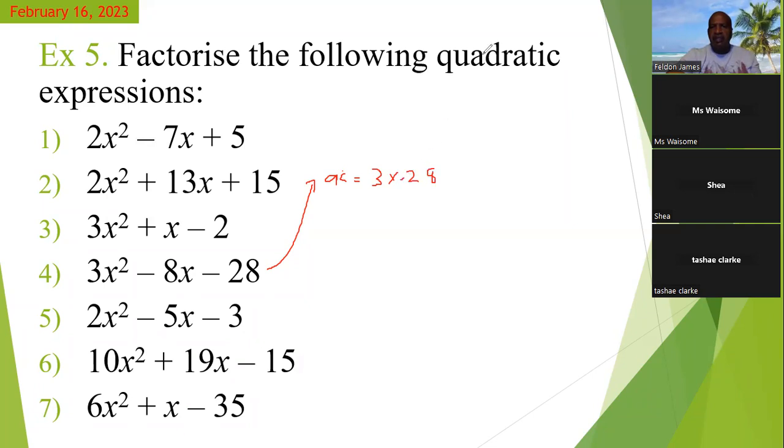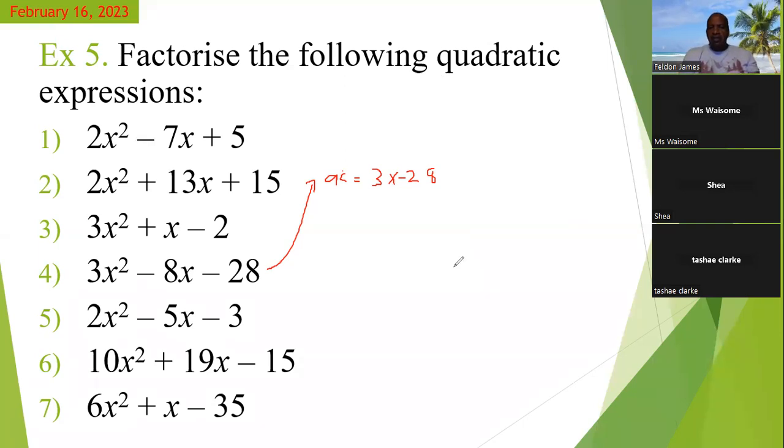Now we may be tempted to go through the process of multiplying out these numbers, but you need not do that, because by multiplying out the numbers, you're going to get a much bigger number that will make it a little bit more difficult for you to find the 2 factors.